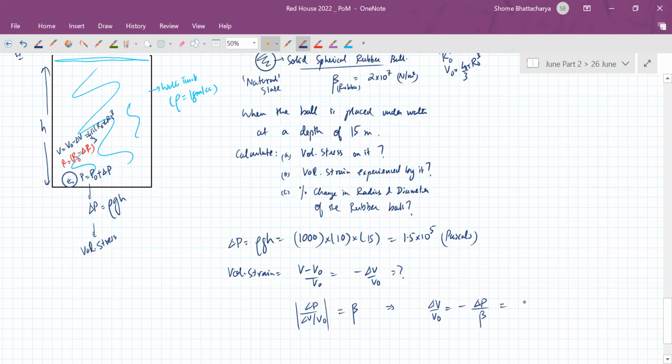So the volumetric strain will be negative over here and it will be equal to this divided by the bulk modulus. So this is our volume strain.